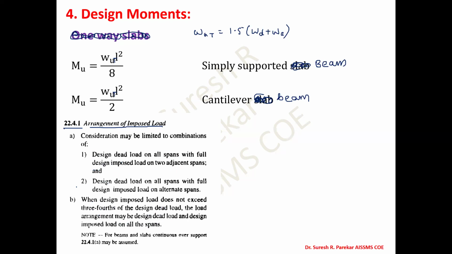Now here, we are not interested in this. Now, design dead load on all spans with full design imposed load on two adjacent spans. So dead load is always on all spans, and with imposed load on two adjacent spans. This condition is for maximum bending moment at support.